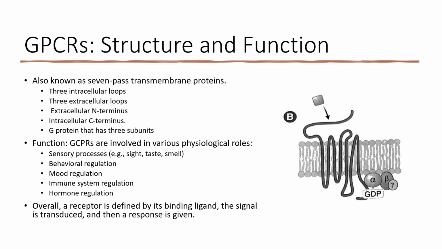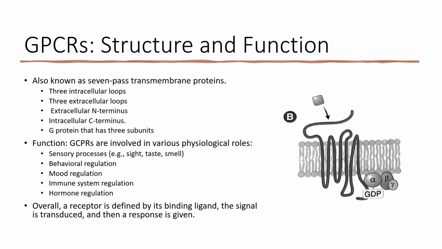When you're looking at the structure of a GPCR, the transmembrane protein contains amino acids at each end. At the top here is the N-terminus, which is on the extracellular portion of the membrane. And on the opposite end is the intracellular C-terminus.